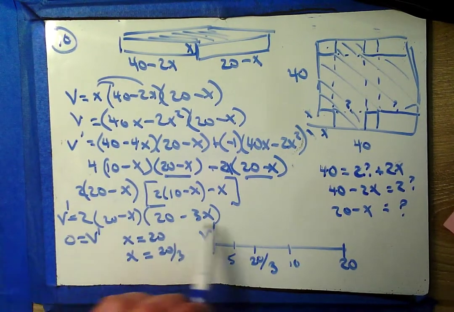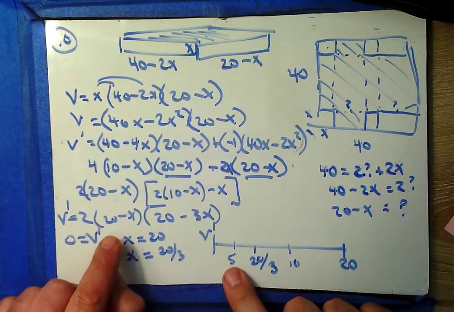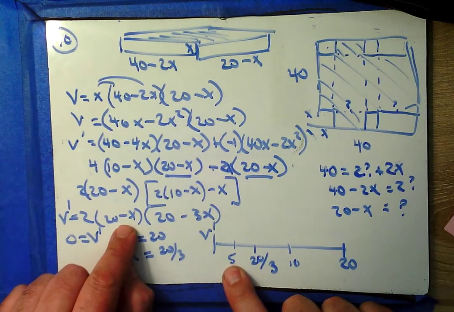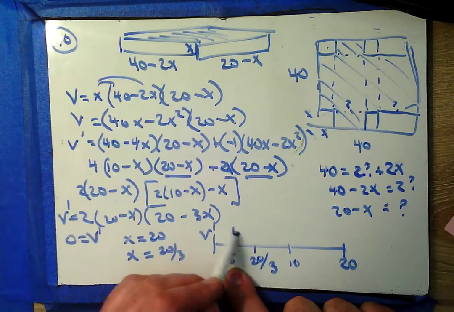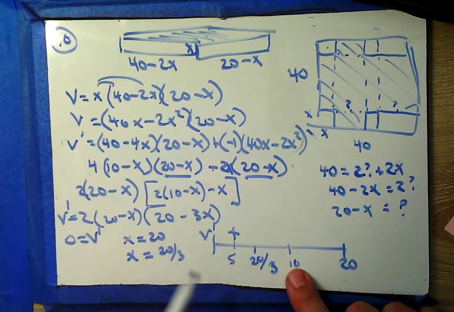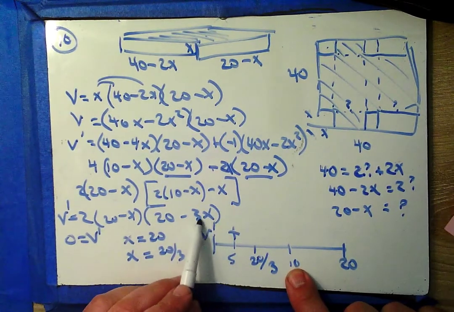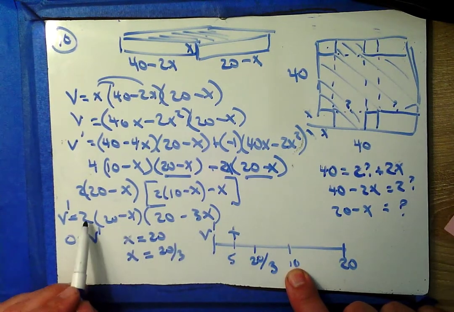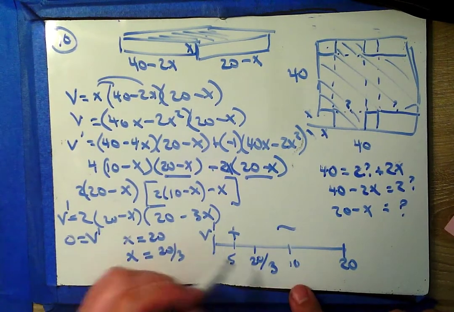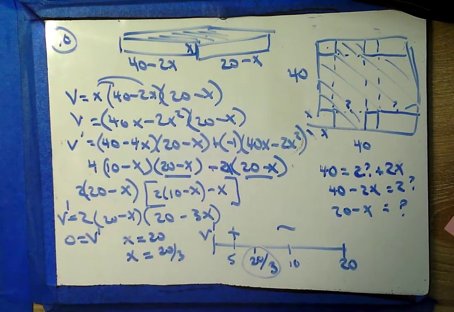Here's a nice factored V prime to plug numbers into. If we plug in a 5, this is positive, and so I get a positive here. If I plug in a 10, though, 10 times 3 is 30, 20 minus 30 is negative, times a positive, and that's negative. So it looks like maximum volume occurs when x equals 20 thirds.